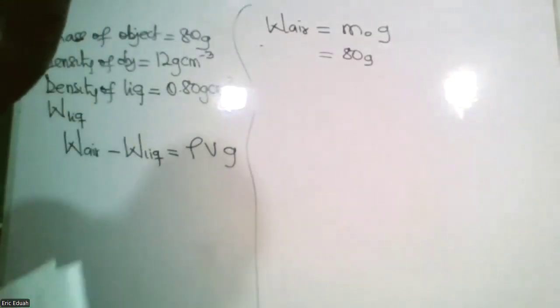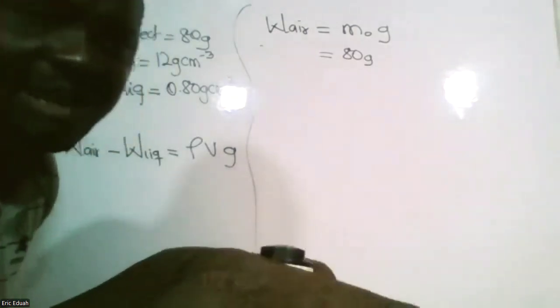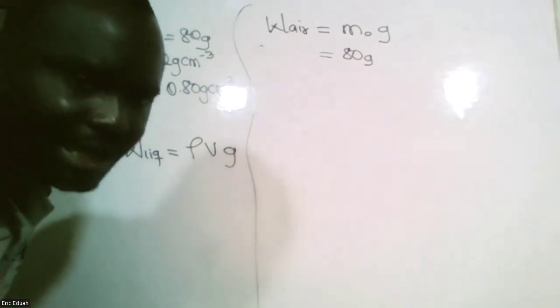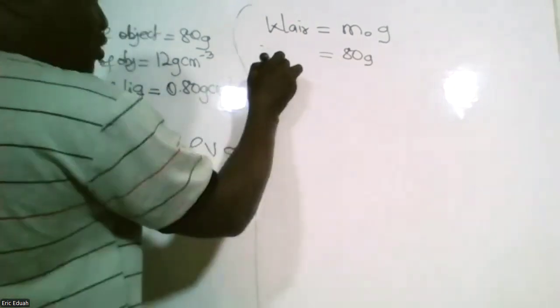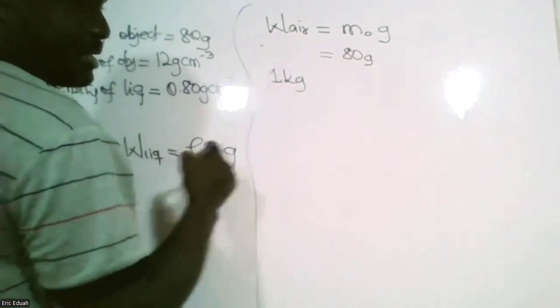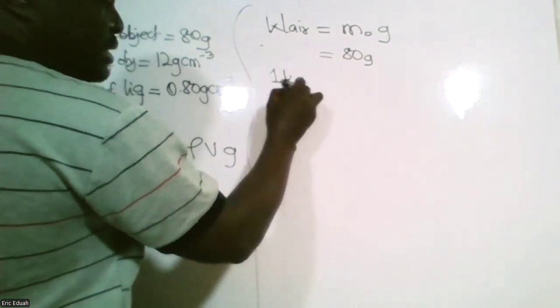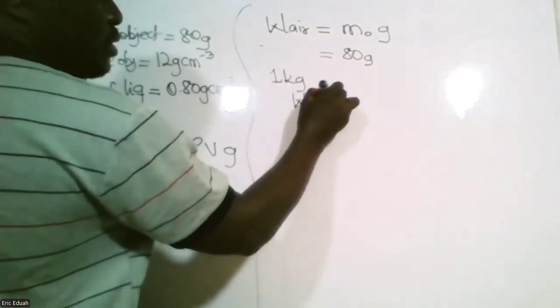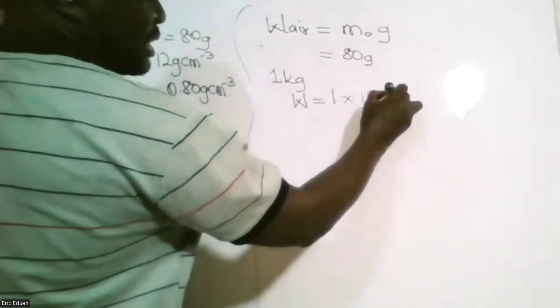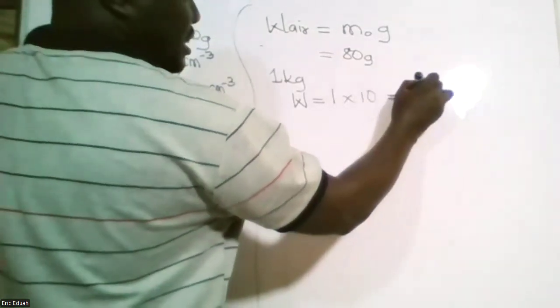Let me give you another way of doing this without converting the mass from gram to kilogram. You see, 1 kilogram mass would give you a weight equal to 1 times acceleration due to gravity, 10 meters per second squared, so you have 10 Newton.